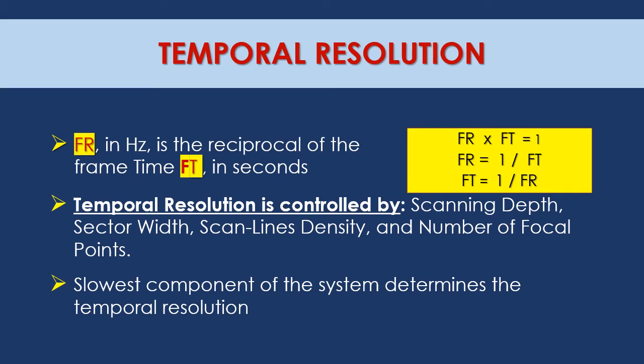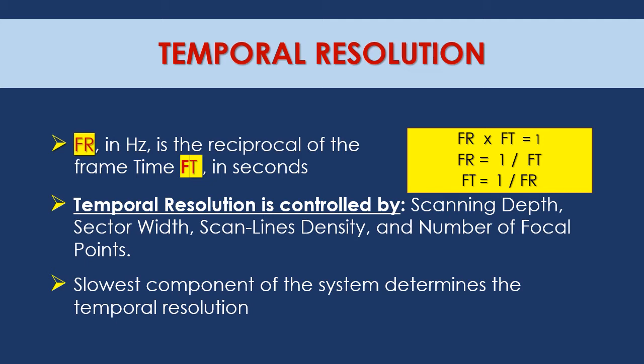The sound beam goes to the target and reflects back very fast, and the frame rate will be much higher because each frame will take a much shorter time. But this is not the case. That's why the speed of sound in tissues is called a limitation to the frame rate. So we need to know this.